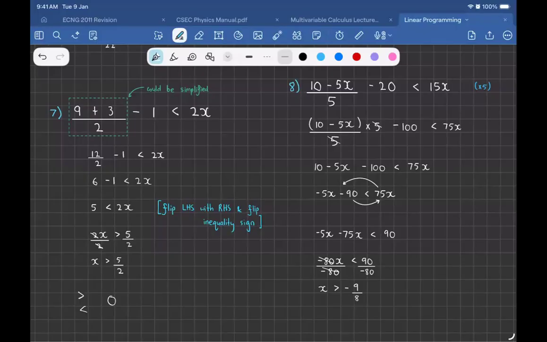For this one over here, you would put 5/2 on a number line, draw an empty circle and just put an arrow like that. That's it. If it was more than or equal to or less than or equal to, then you'll shade it. So all the homework is to do the number line for questions 1 to 8.